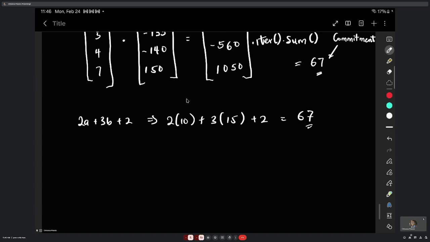Okay. So with any polynomial commitment, the prover commits to the polynomial, right? The verifier tells the prover to open this polynomial at this point.